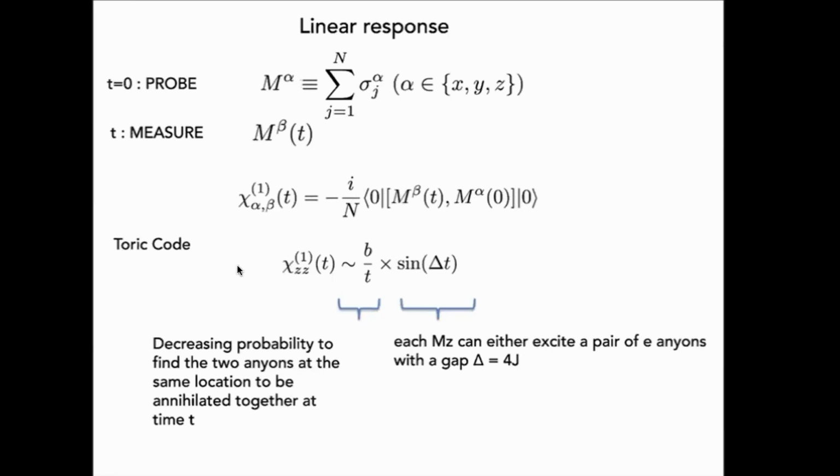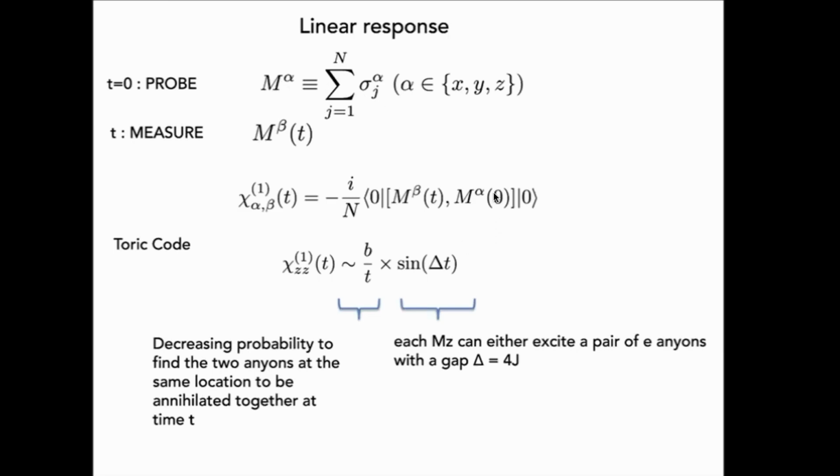For the toric code, one can show that this commutator has a sinusoidal behavior in time, where the frequency is given by the gap to create the pair of anyons. And there's a further decay, which goes like 1 over t, and that is the probability to find the two anyons at the same place.